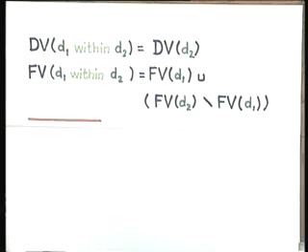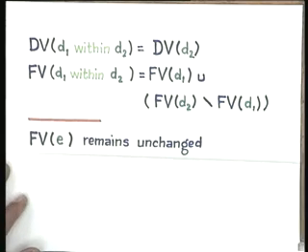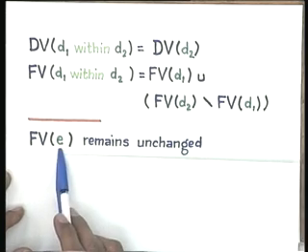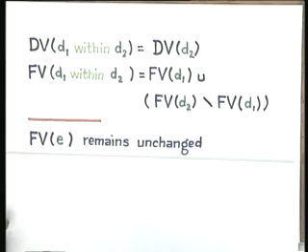Finally, all this of course is meant to define the notion of free variables in the expression language. So, for all other expressions the notion of free variables remains unchanged, and by all other expressions I mean expressions of the form E1 binary operation E2 or not E and so on and so forth.